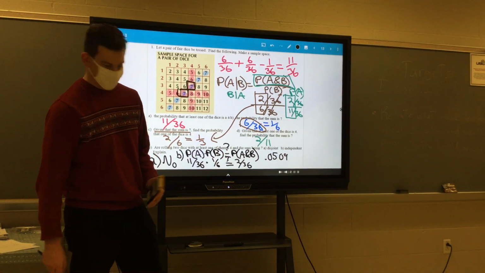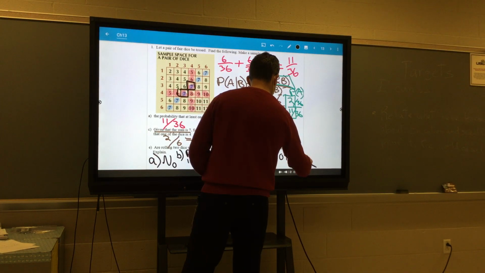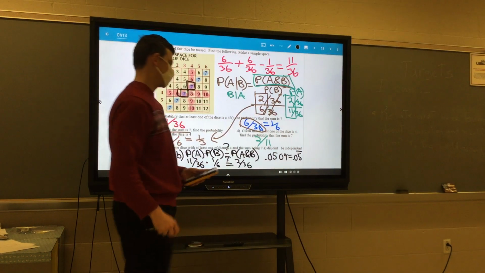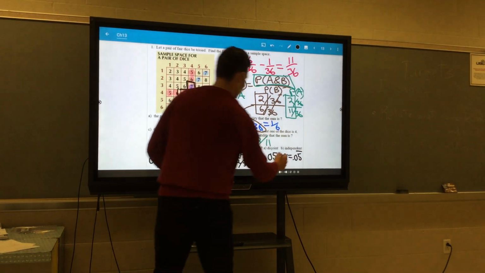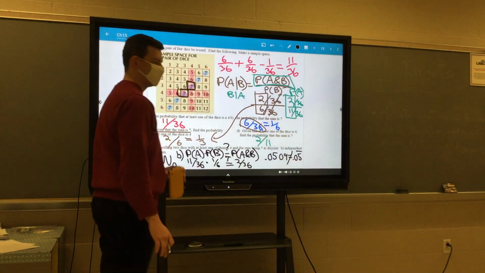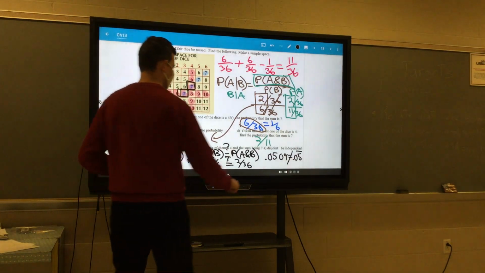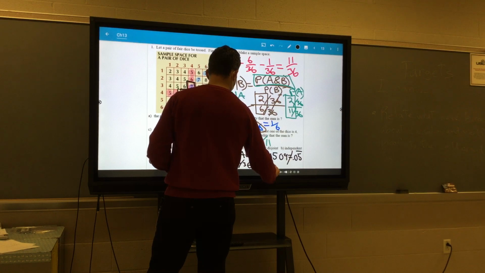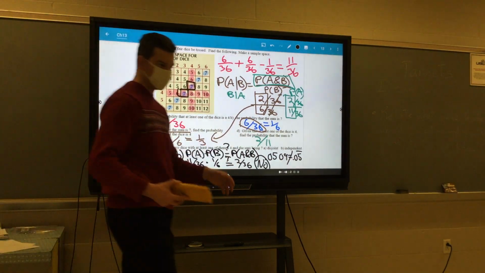And 2/36 or 1/18 is 0.05 repeating. They're very close to each other, but they are not equal to each other. They need to be exactly equal to each other to be independent. So no, these are not independent. They are dependent.